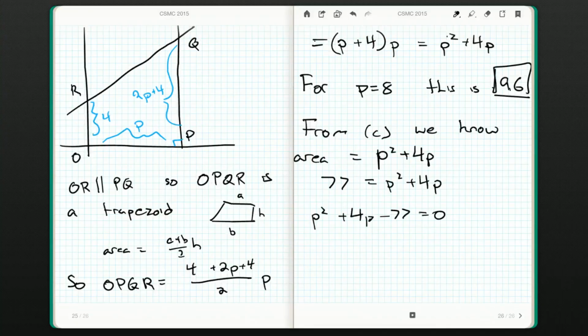You can get the quadratic formula out if you want to, although really we're looking for two numbers that differ by 4 and multiply to negative 77. Wait a minute, something's not right here. Why is this minus 77?